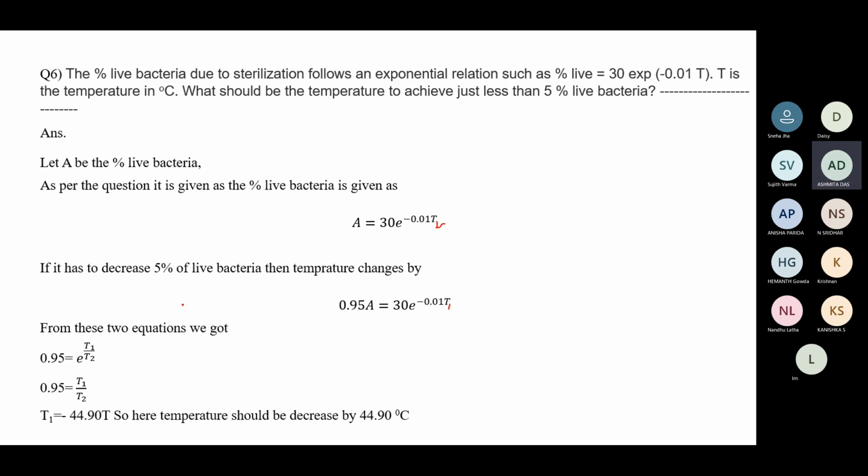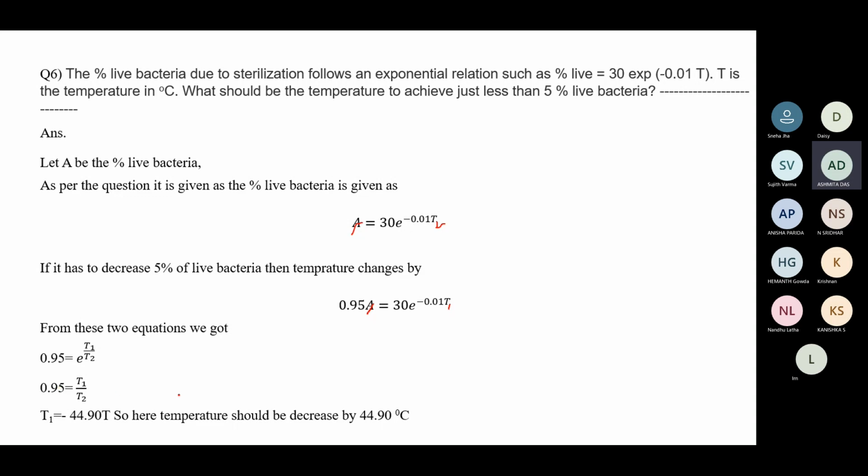So from these two equations, if we divide the two equations, then A and A would be cut out, and the equation comes out as e to the power t1 by t2.